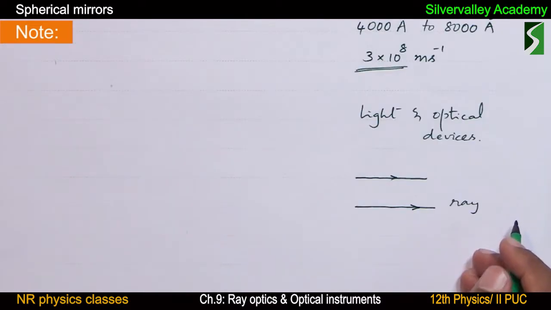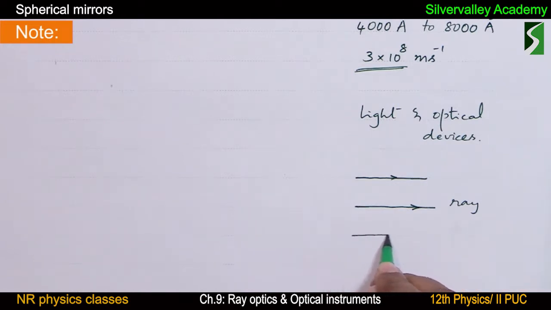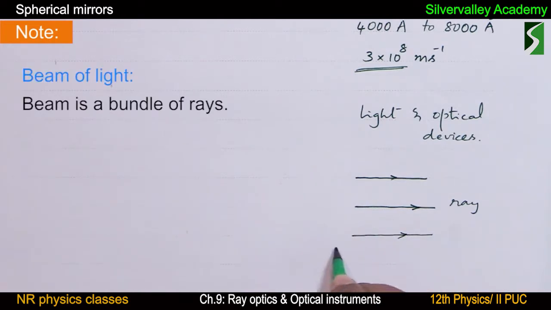Next, beam of light. Beam of light is bundle of rays. If this is white light, you know white is mixture of many wavelengths. So it is appropriate to use the term beam, beam of light.